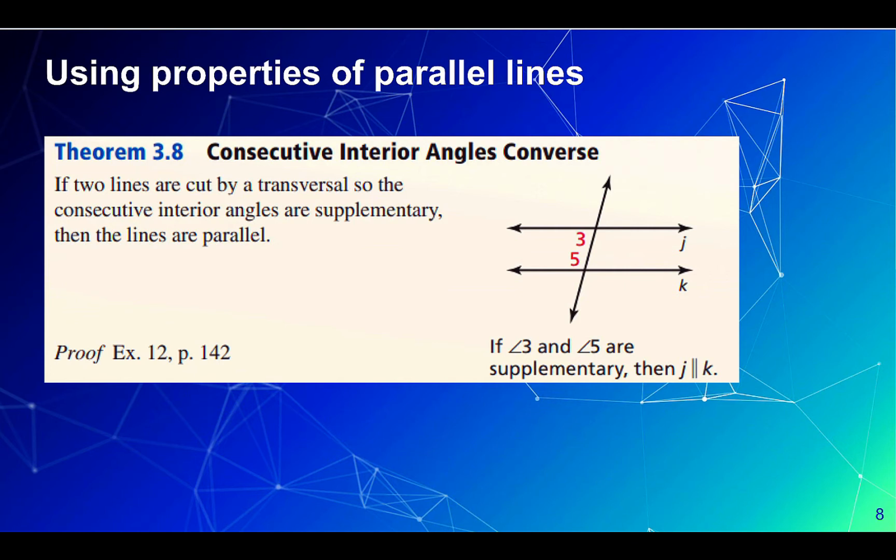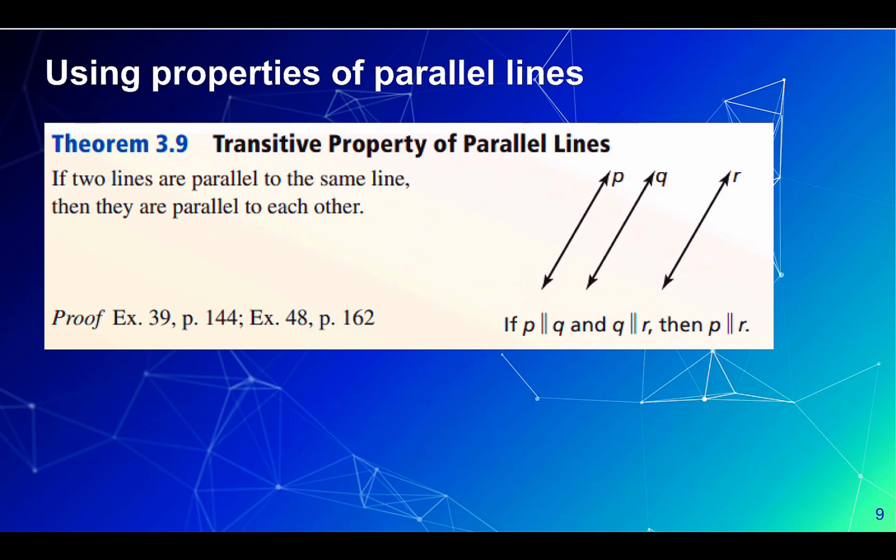Consecutive interior. If two lines are cut by a transversal so the consecutive interior angles are supplementary, then the lines are parallel. So if the consecutive interior angles add up to 180, then J is parallel to K. Next we have the transitive property of parallel lines. What that basically says is, if two lines are parallel to the same line, then they are parallel to each other.